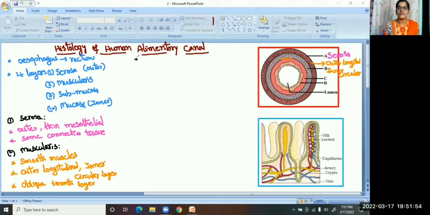And next, third one is submucosa. This is the submucosa.